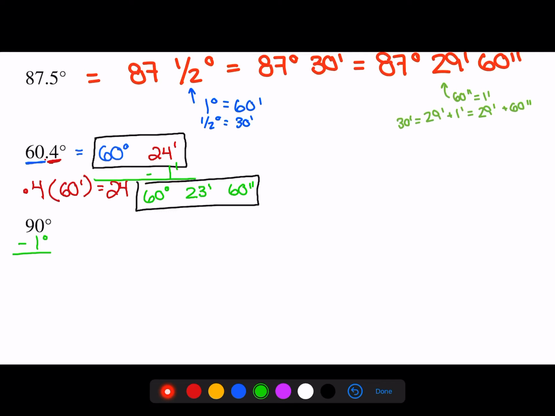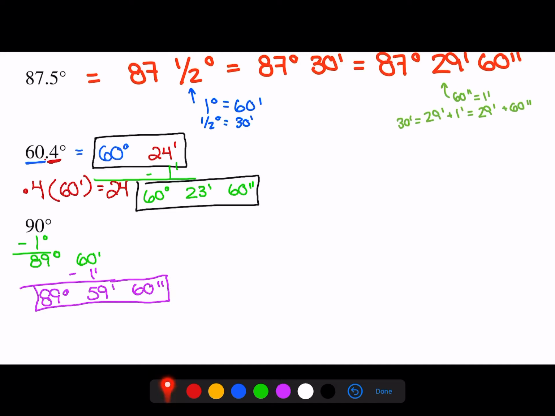When I subtract 1 degree, I now have 89 degrees. And that 1 degree will give me 60 minutes. Now, if I want to reduce that to degrees, minutes, and seconds, I subtract 1 more minute, which will leave me with 89 degrees, 59 minutes, and 60 seconds.